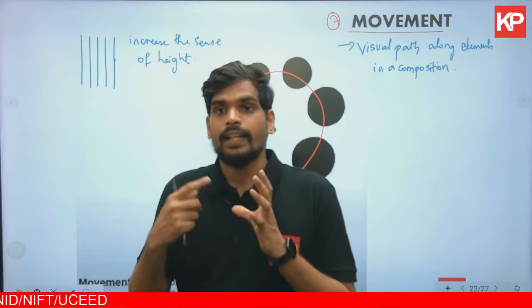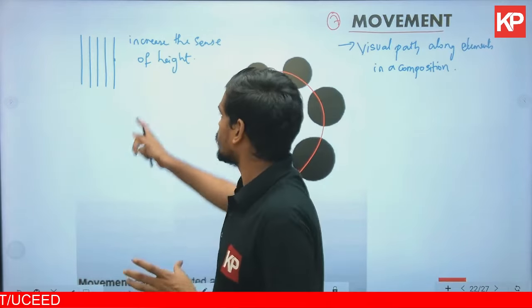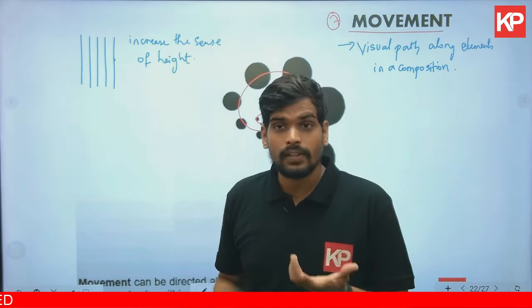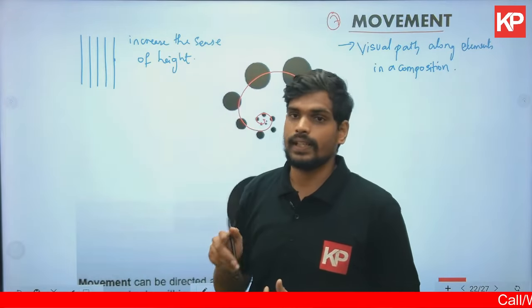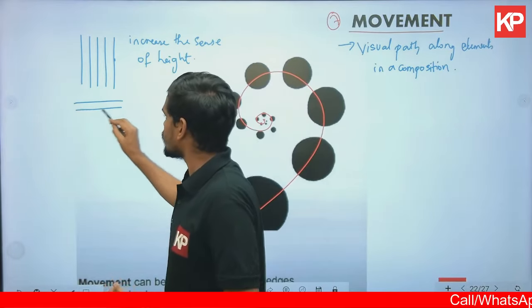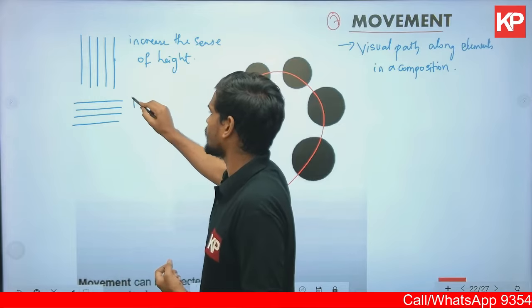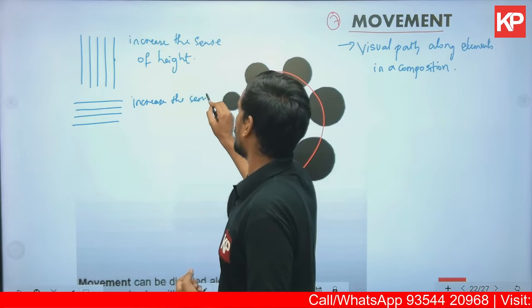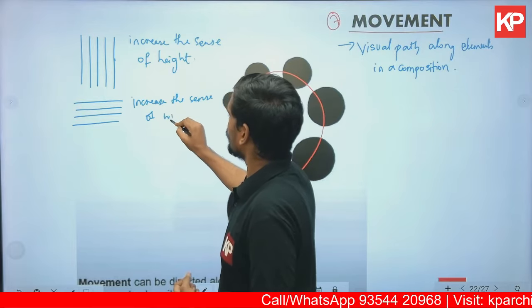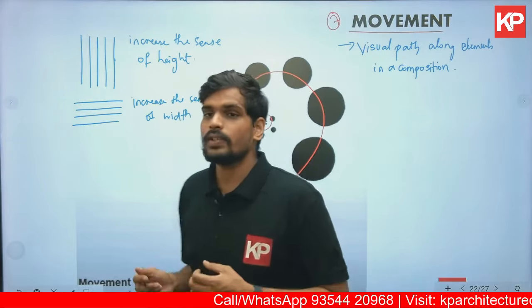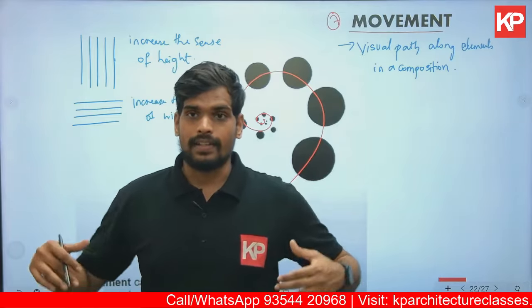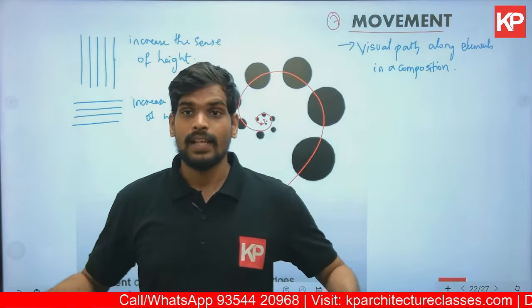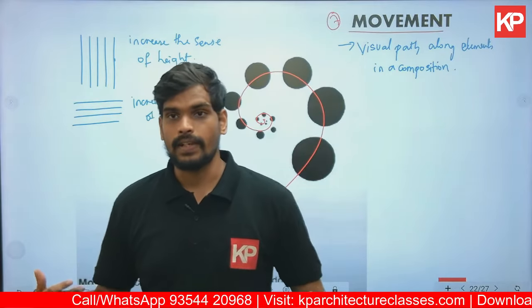How can you increase the sense of height? By using vertical lines. How can you increase the sense of width? By using horizontal lines. If someone is very thin and you want them to look wider, they can wear a shirt with horizontal bands. That will visually increase the sense of width.